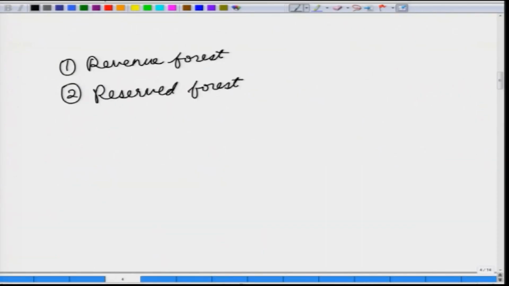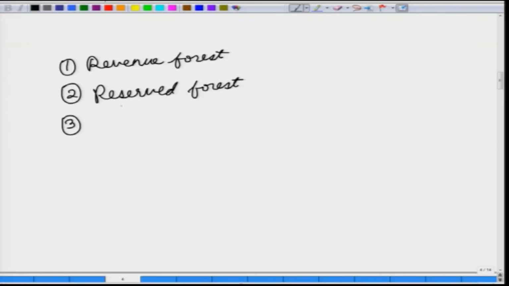Now, a reserve forest is a forest that comes under the forest department and it has been declared or notified as a reserve forest under the Indian Forest Act 1927, or this area could be a protected forest.